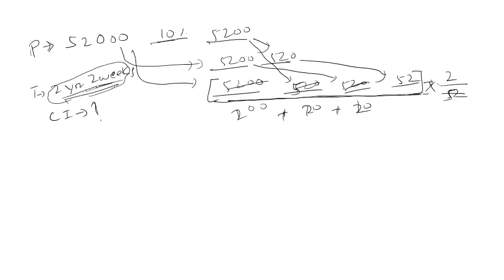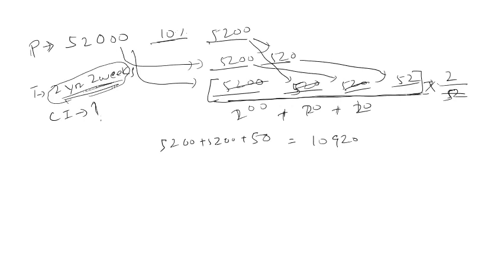2 years interest is 5200 plus 5200 plus 520. That is coming out to be 10,920, right?